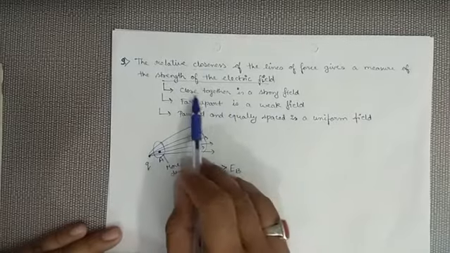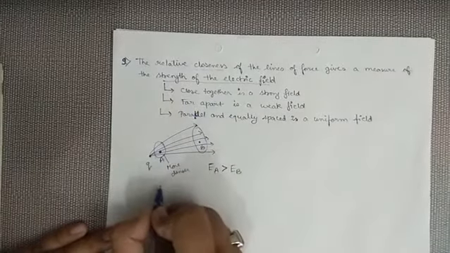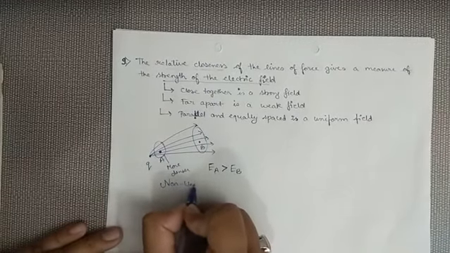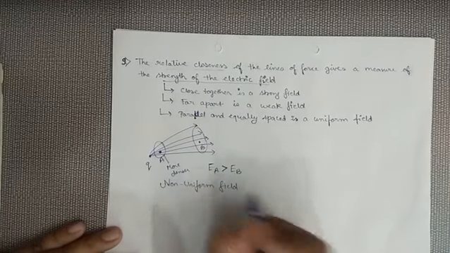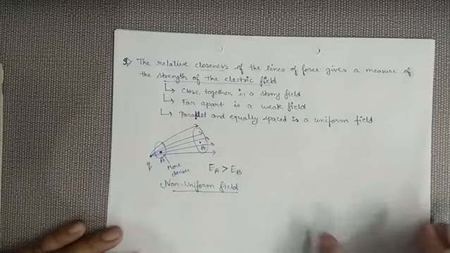As electric field lines are closer, they are stronger. Such kinds of electric field are basically non-uniform fields, because the value of the electric field changes.